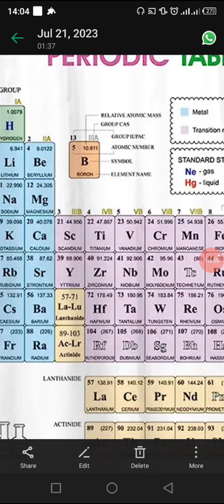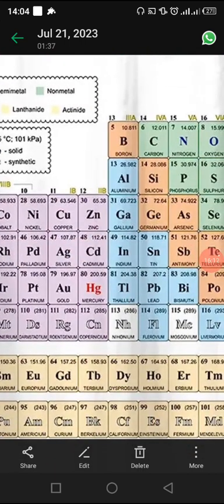The giving out of electrons has to be equal to the gaining of electrons. So magnesium, since it is in group 2, must react with those elements that are in group 6, because those elements will be receiving 2 electrons to become stable, or to achieve the octet rule.